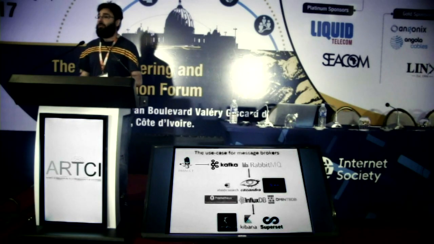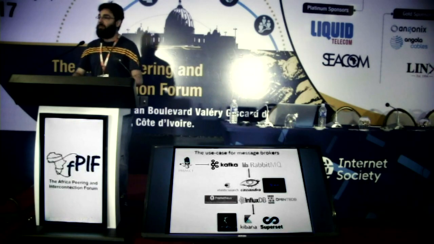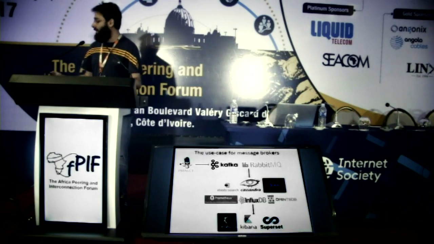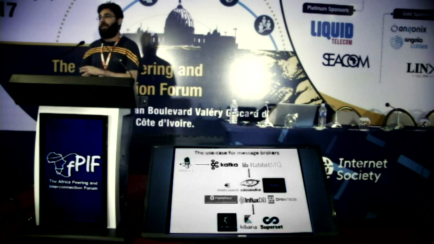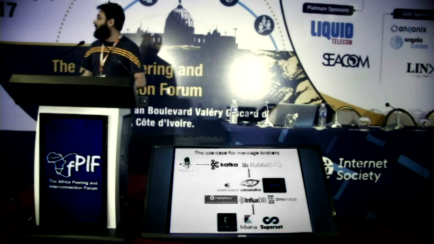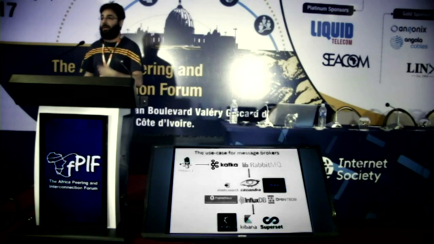So PMACCT has support for a Kafka broker, and these databases have support for a Kafka broker. So essentially, through this middle piece, you can ingest the data from PMACCT into these databases. And we have a slide slightly after on also the reason why we have this middle layer over there.